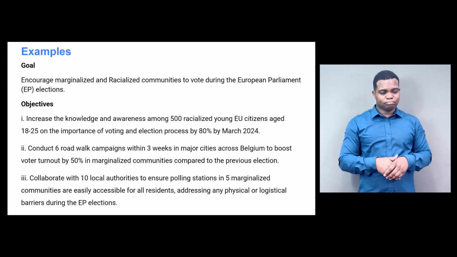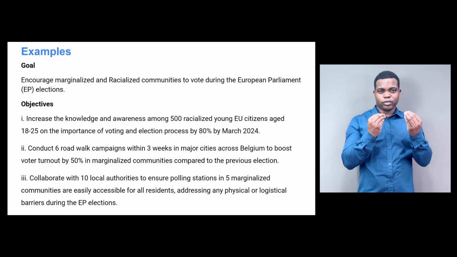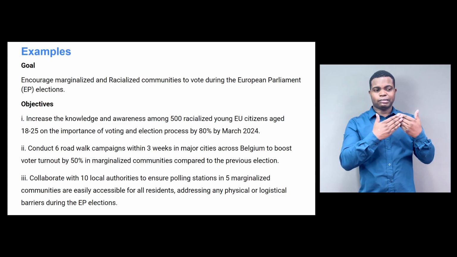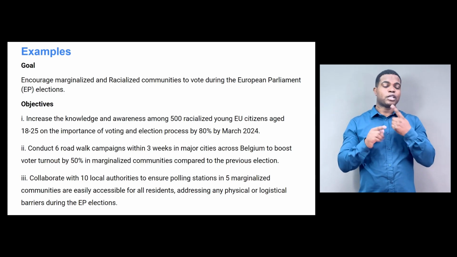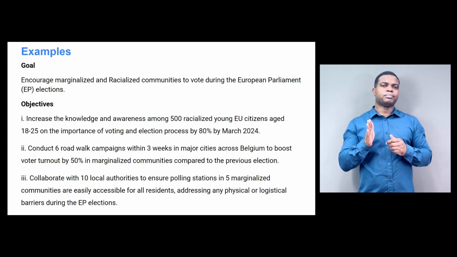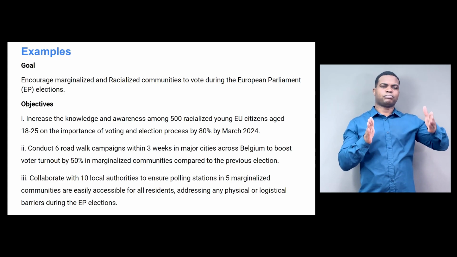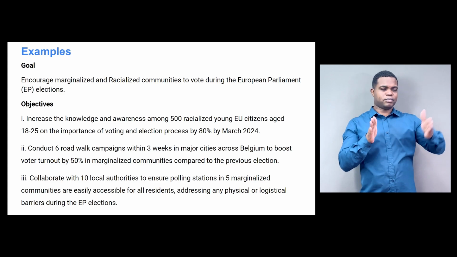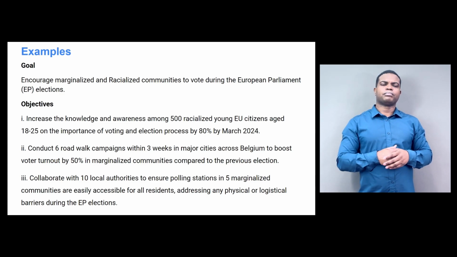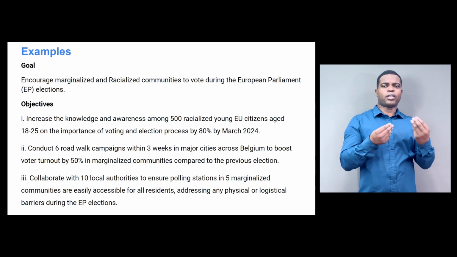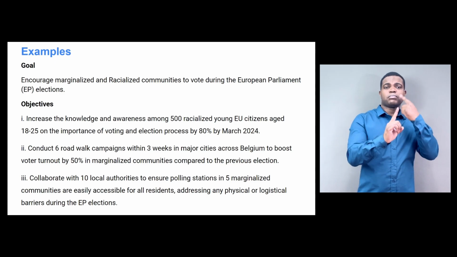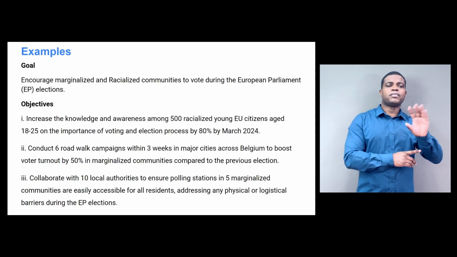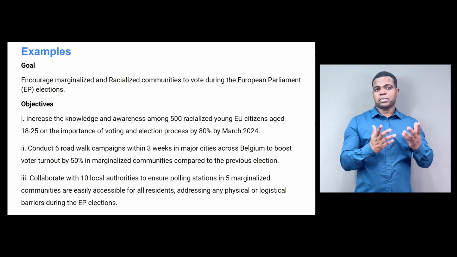So achievable. Is it achievable? 500 racialized young people. So if you are starting your community engagement initiative, let's say in January, between January and March, you can decide to divide this 500 into bits. You can decide to maybe target 50 young EU citizens per week.